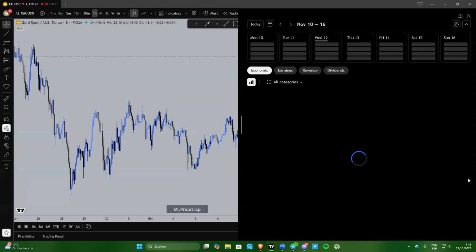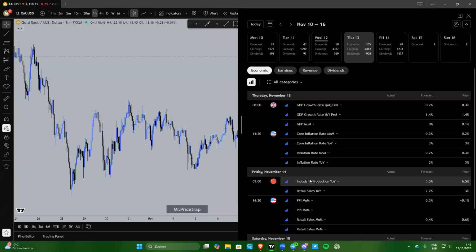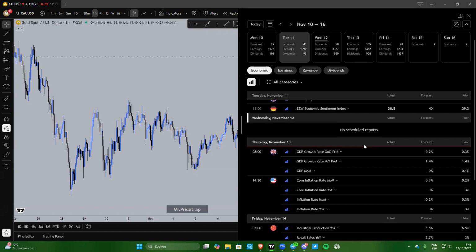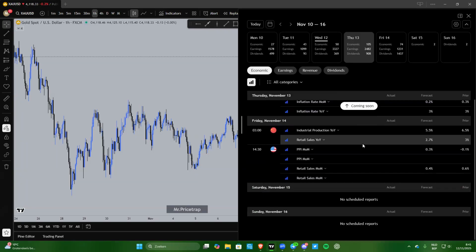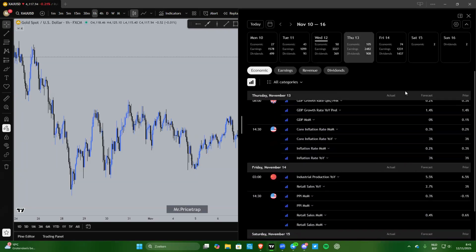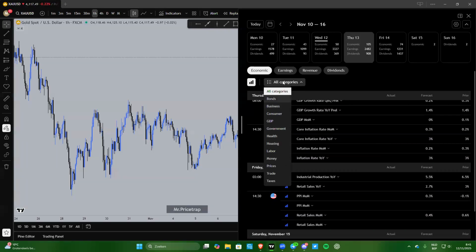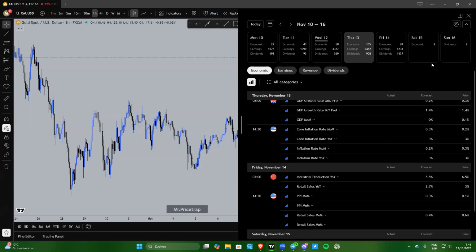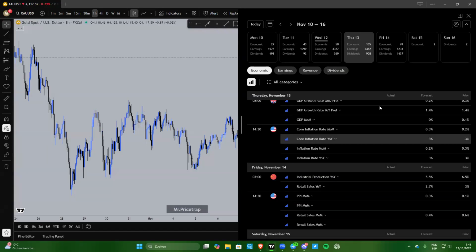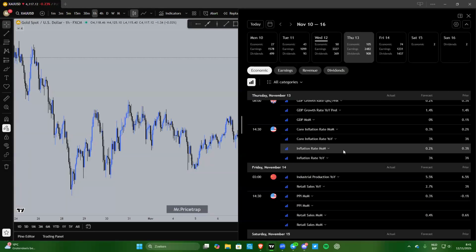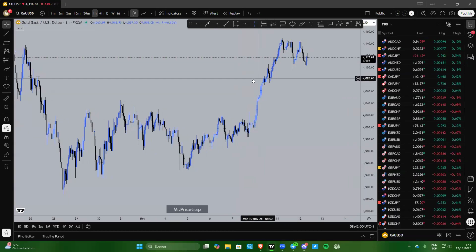Okay, so if you click on this calendar, you will see that here you have also all the different news events that are scheduled for the next upcoming days. But you gotta pay attention because it depends also a little bit on what you put on there. And also same thing, if I'm not mistaken, you can also put the countries on there and so on and so forth, because not everything will be on there if you're only looking at the G20. Okay, so that's also an important one, that you pay attention on what you're looking for.